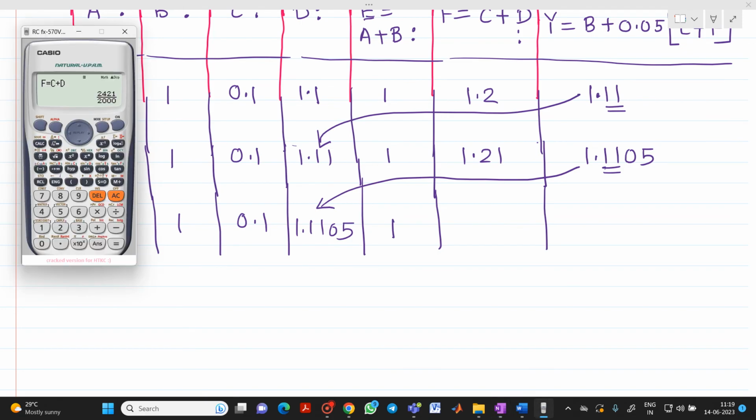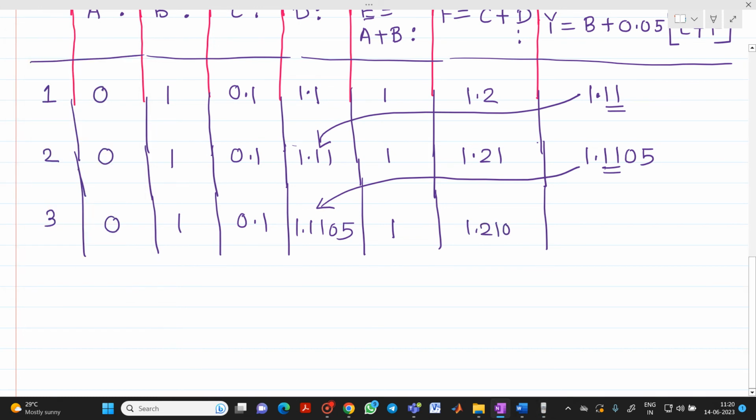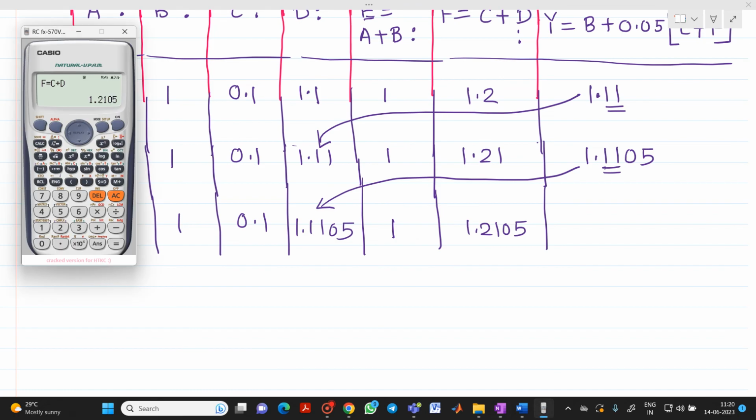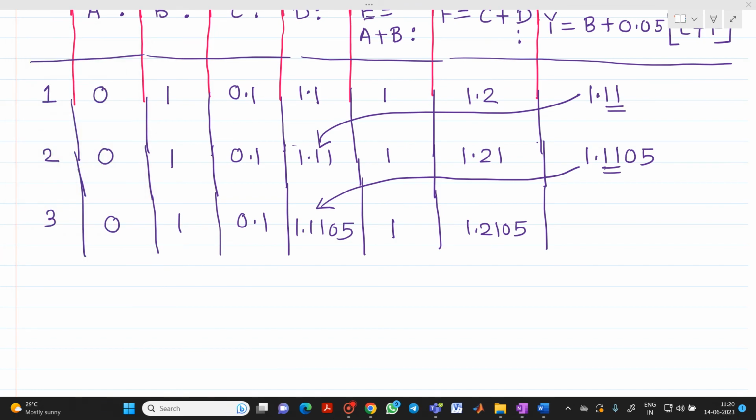And next, here we got this answer as 1.2105. So let me write it here 1.2105. And next, what is the value of Y? It will be equal to 1.110525. So if you go through this, the 4 digits after the decimal point are the same.